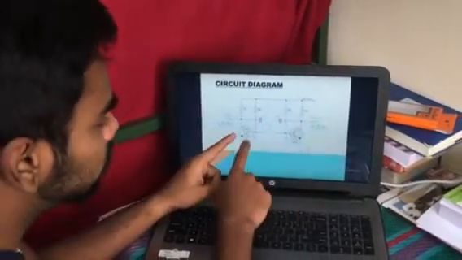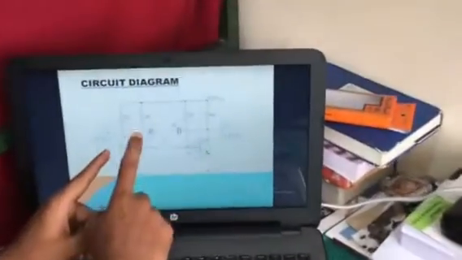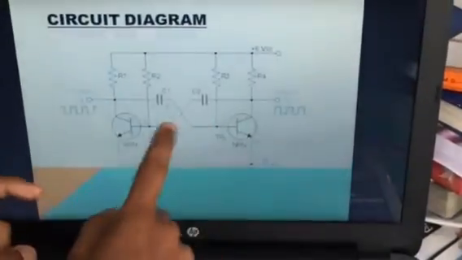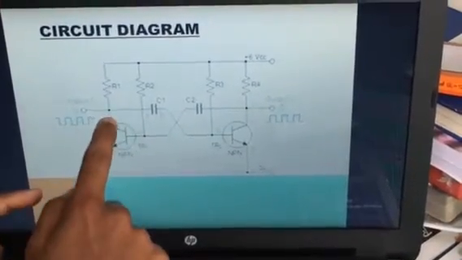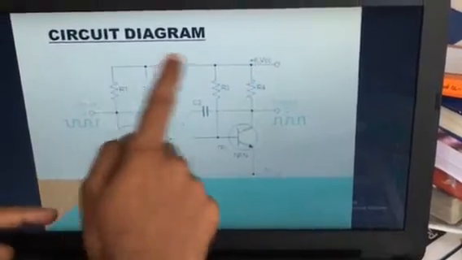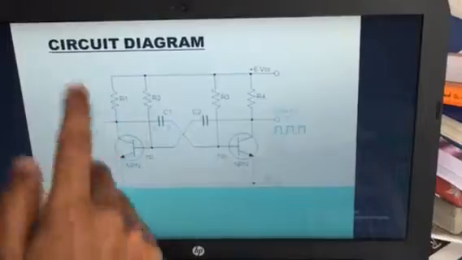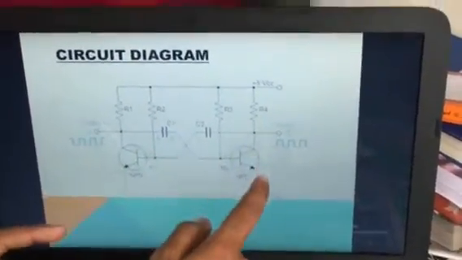So let us assume that this is my transistor 1 and this is my transistor 2, and when transistor 1 conducts, we all know that when a positive high voltage is given to the base of a transistor, the collector voltage decreases. So when I give this 6 volt supply to my transistor, I assume that transistor 1 conducts first, then transistor 2.